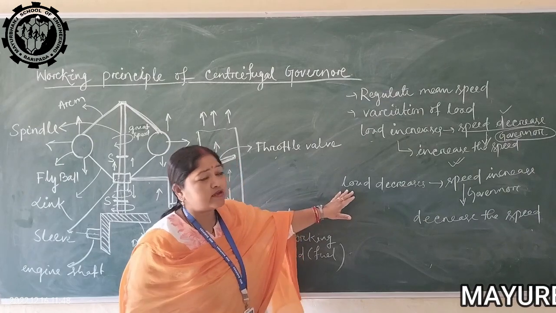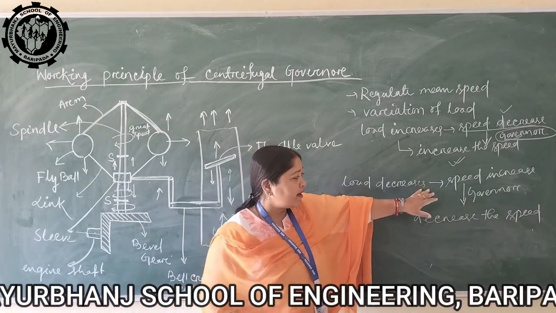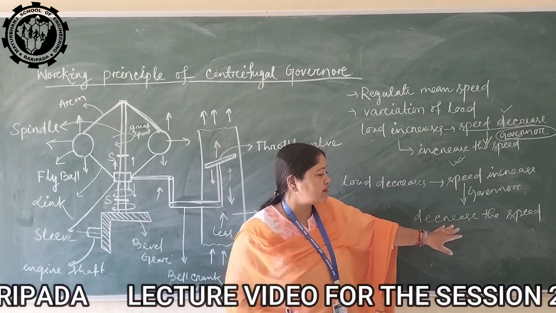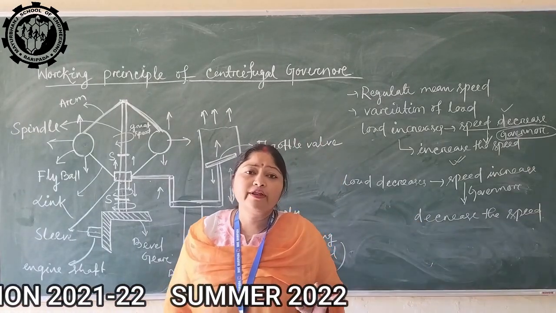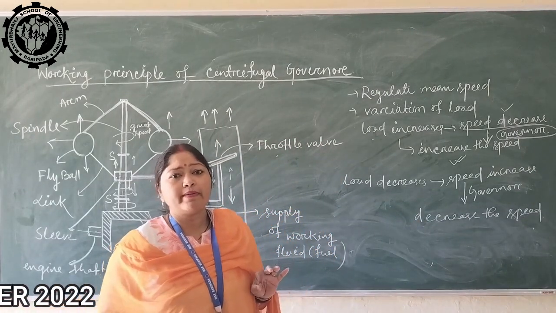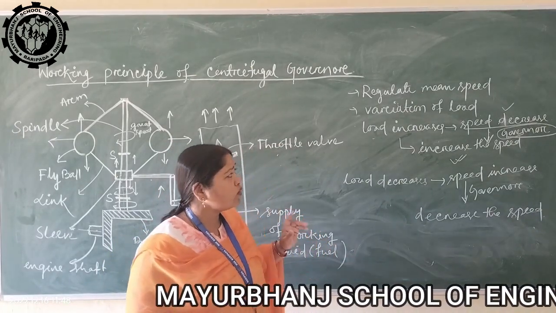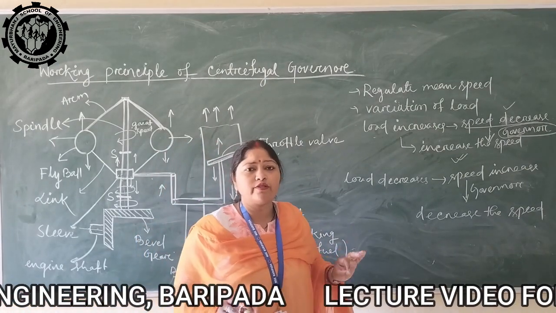Therefore, when load decreases and the speed increases, by the help of a governor we can decrease the speed of the engine. In this way, a centrifugal governor will maintain the mean speed of the engine by regulating the supply of working fluid to the engine.